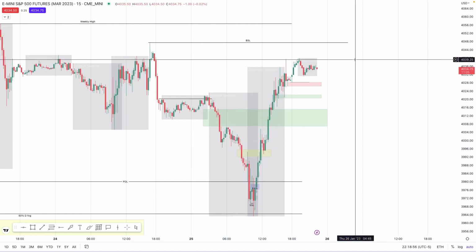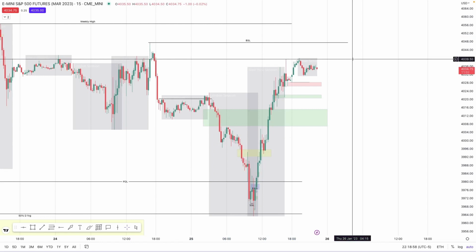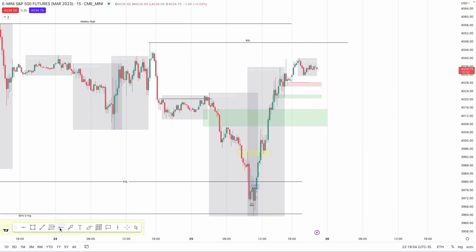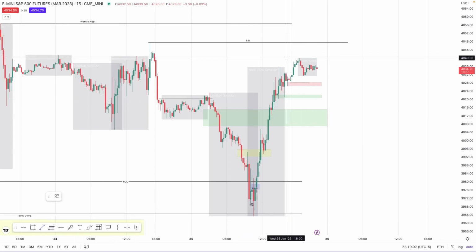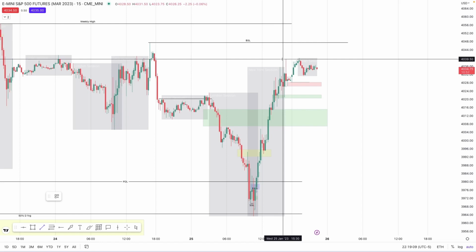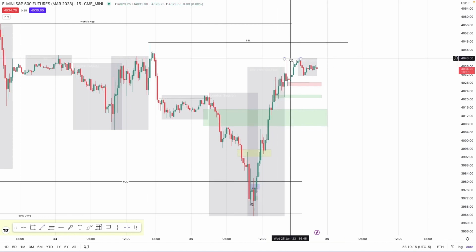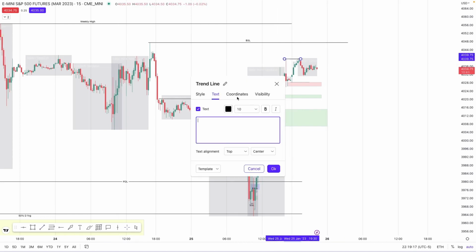We'll mark that. This right here, I like this right here because that's relative equal highs. So we'll label that.